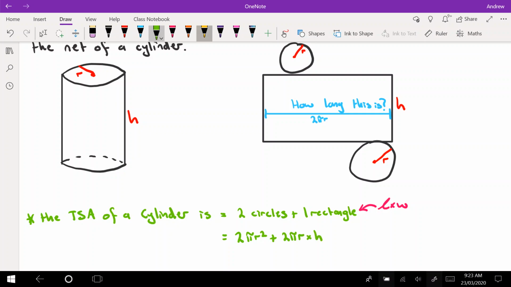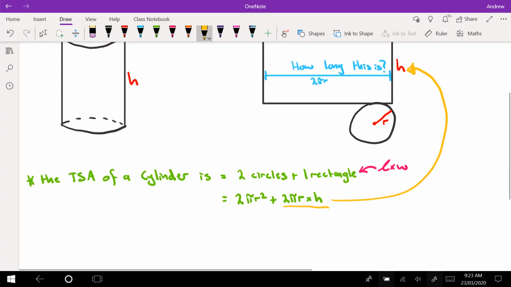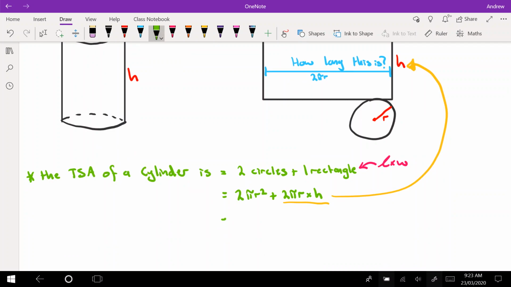So I've just gotten this information here from my diagram up there. So our final formula is 2 pi r squared plus 2 pi r h.